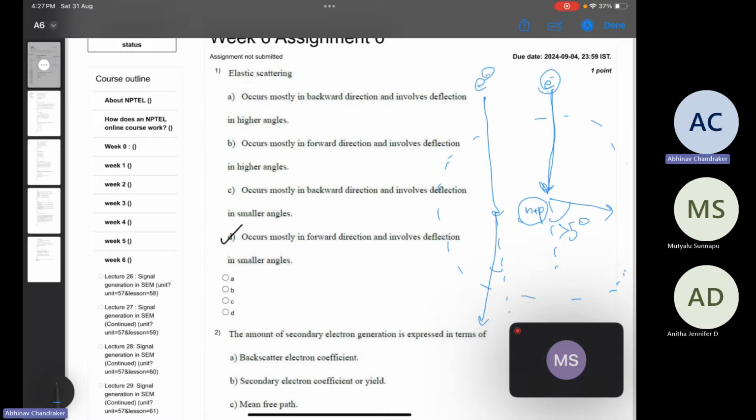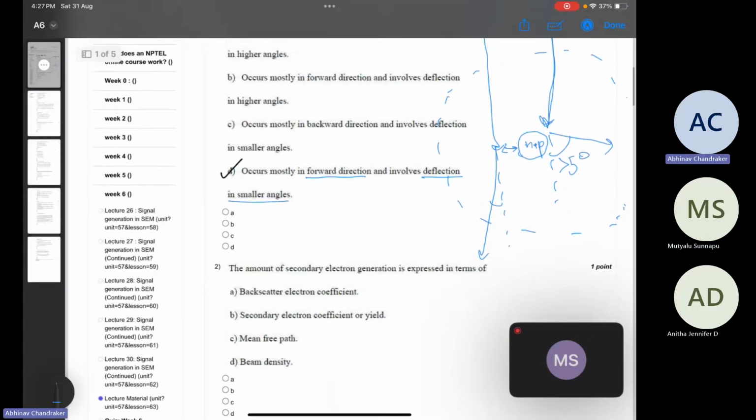Similarly here, most electrons go in the forward direction because they do not interact head on with the nucleus. They graze at some distance, and the deflection angle is small since the nucleus is very small compared to the rest of the atom. So the answer is D. I hope it is clear.